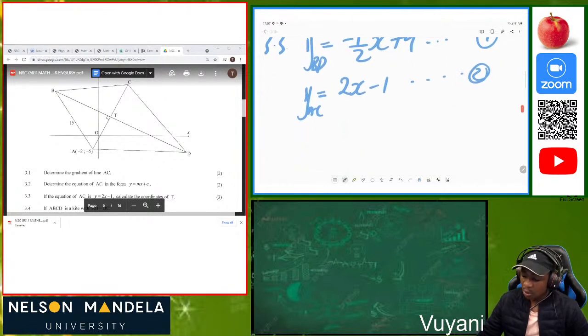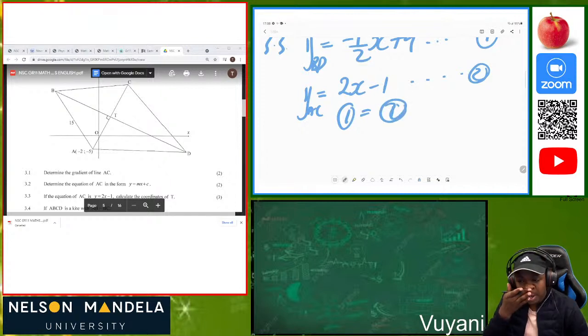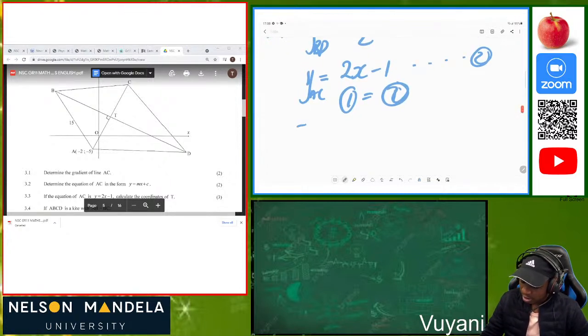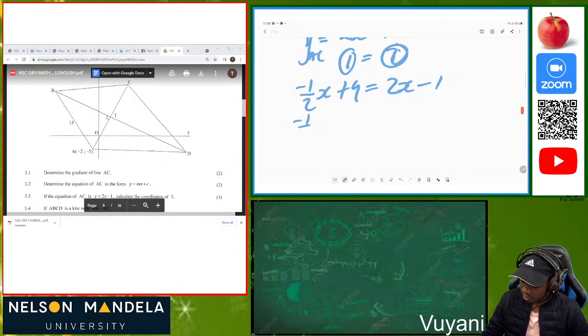Since y and y, we can say that equation 1 is equal to equation 2. We equate the equations, then we substitute. Negative 1 over 2 x plus 9 is equal to 2x minus 1. Then negative 1 over 2 x minus 2x is equal to negative 1 minus 9.